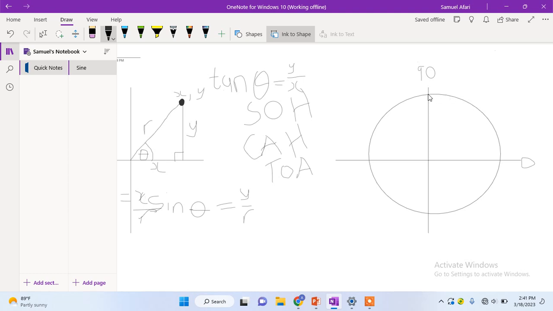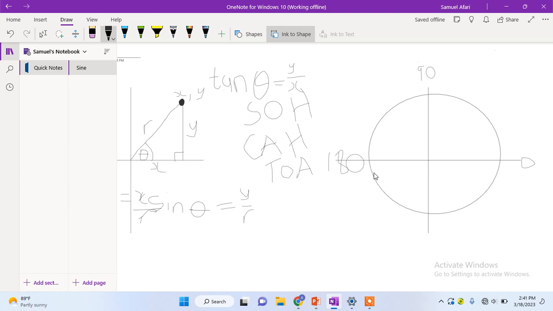And then from 90 we go to 100, 110, 120, 150, 170. This is 180. So this angle is 180 degrees.